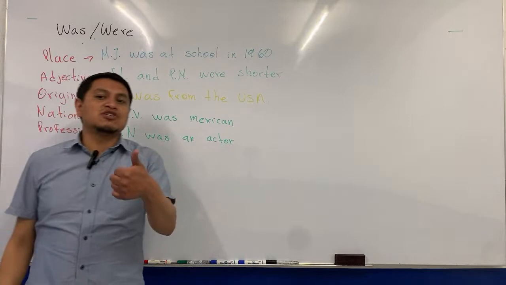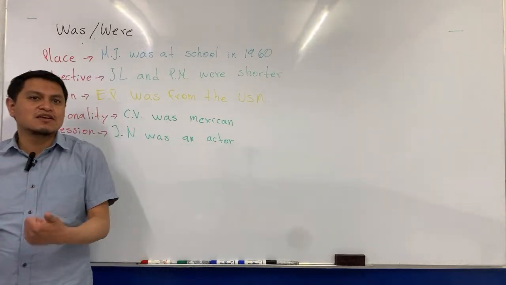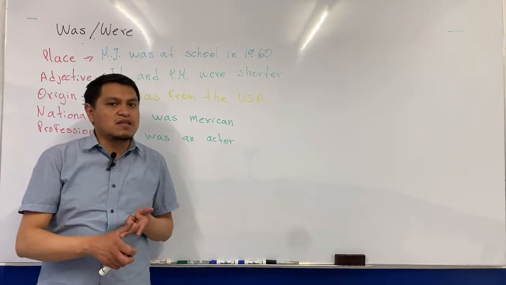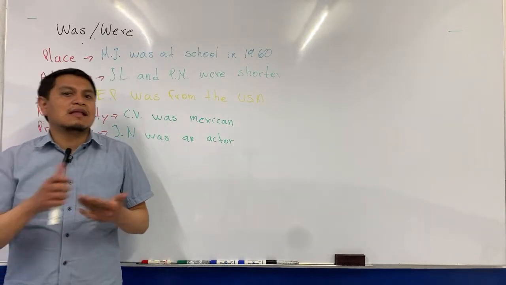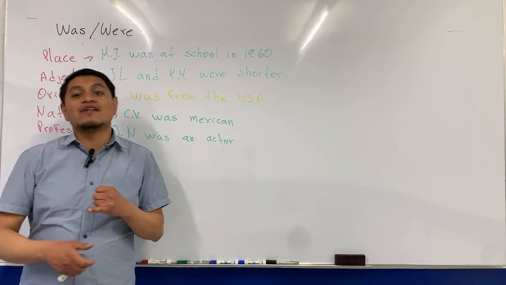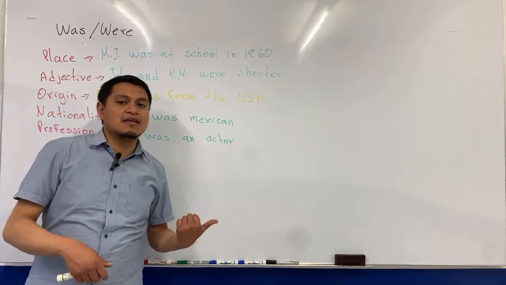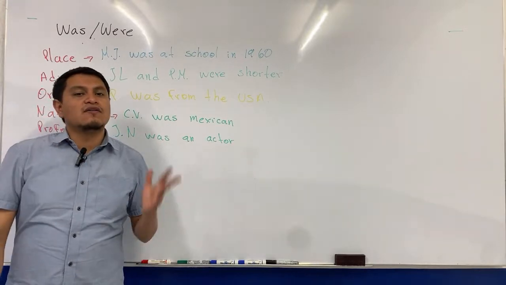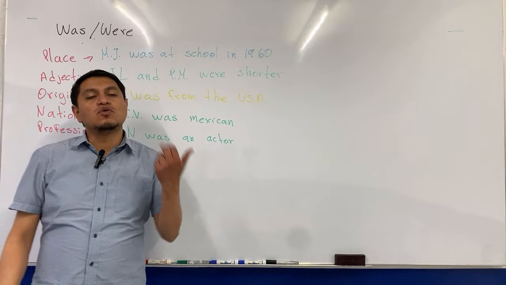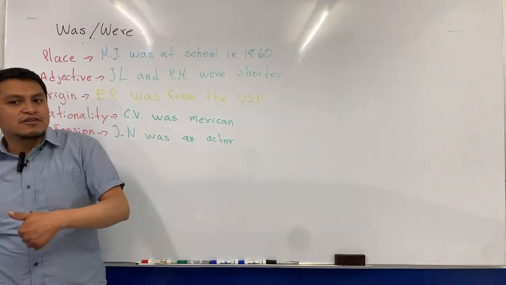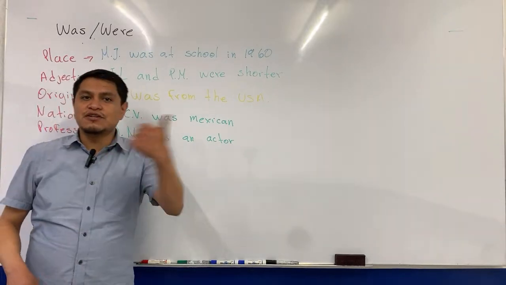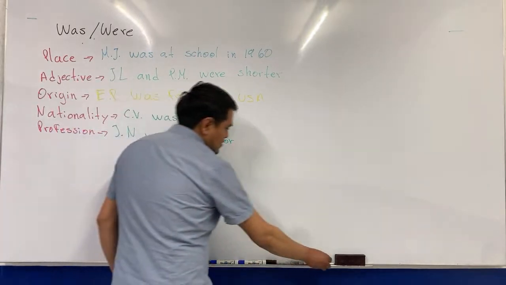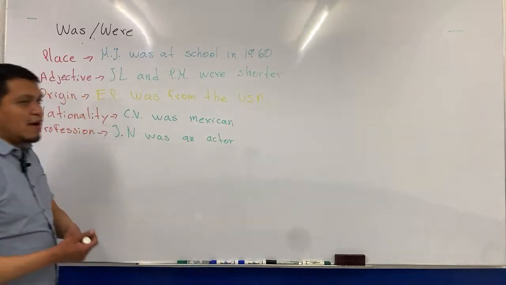And time expressions in the past, such as 3 years ago, when she died, in 2005, last week, when I was a child, last night, 5 years ago, 1 year ago, 5 hours ago, 2 hours ago, last year, last class, yesterday, 6 months ago. I mean these phrases for past.